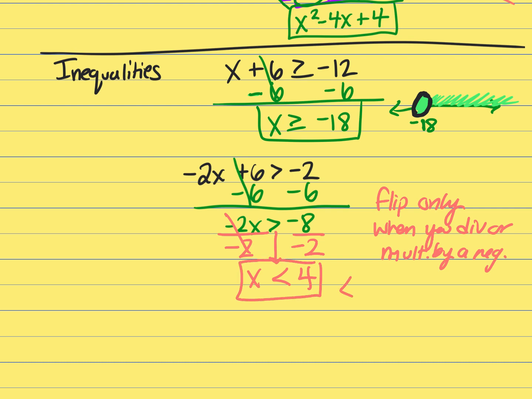And if I were to graph that, is it an open circle or a closed circle? It's open because is 4 less than 4? Can it be? No, it's only equal, right? So it's not included. So what is a number that's less than 4? To the left, you would shade that way.